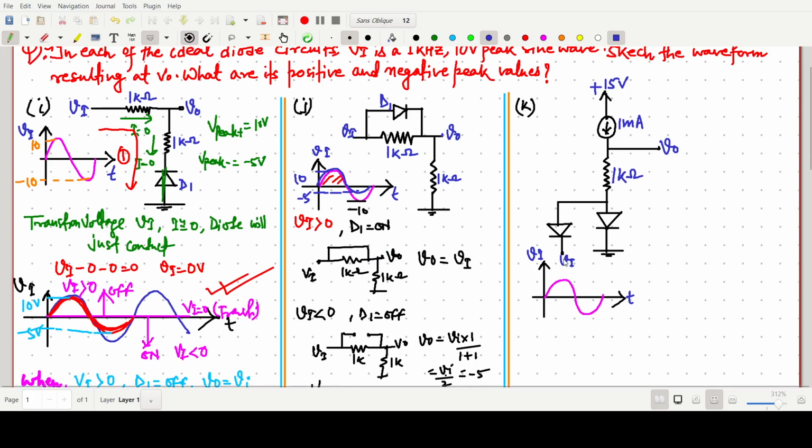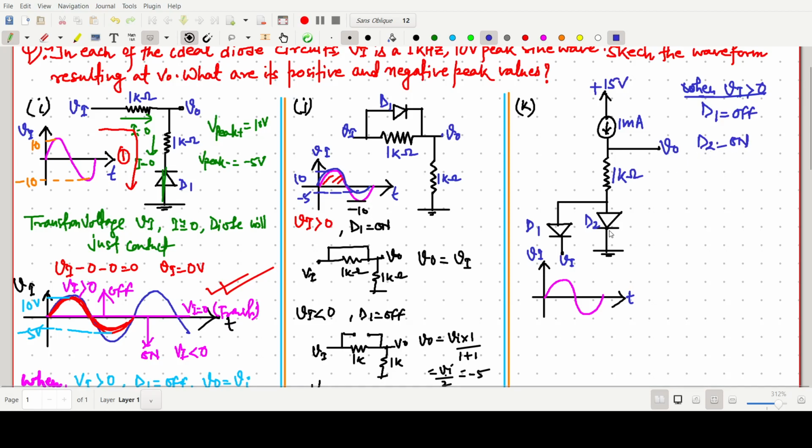So now this one is the question, the third one, the final one. So in this case, what we have to do, I am writing here, when Vi is greater than 0, say this one is diode D1, so D1 will be off, and here D2 will be in the on state.